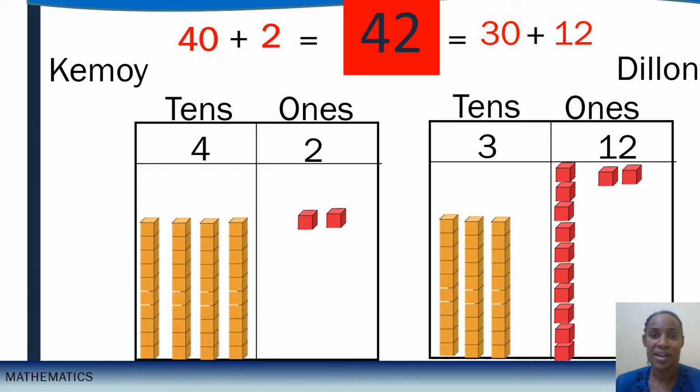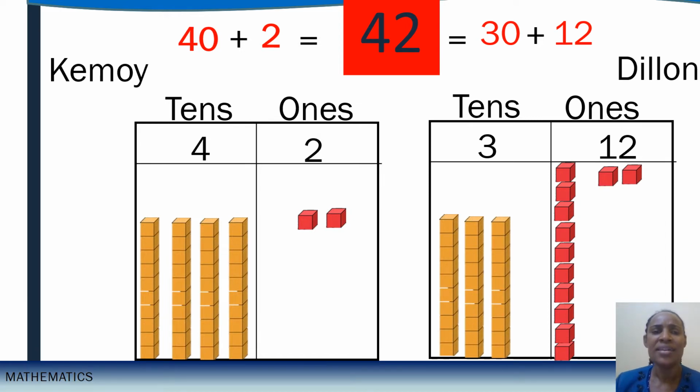Wow, boys and girls, did you hear that? 12 added to 30 gives us 42. Who are you saying is correct? Wow, I can hear you arguing, but let us look a little closer at Dylan's representation.